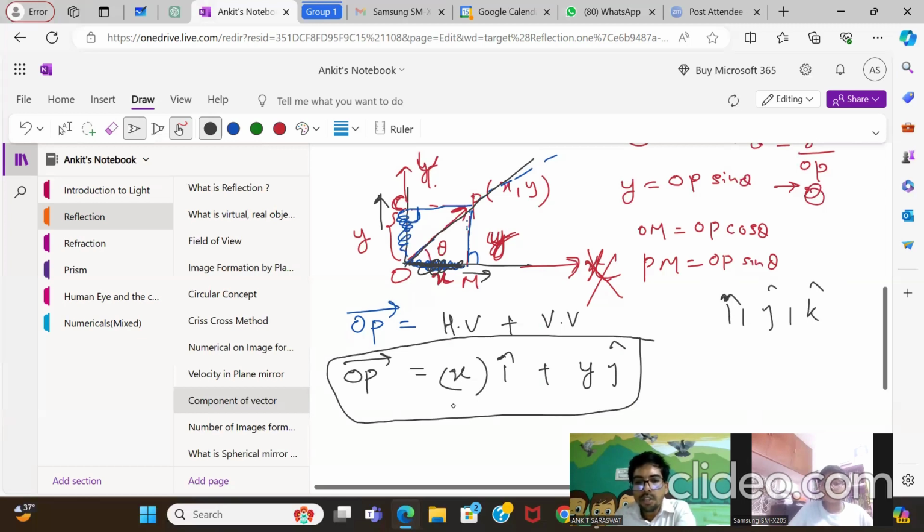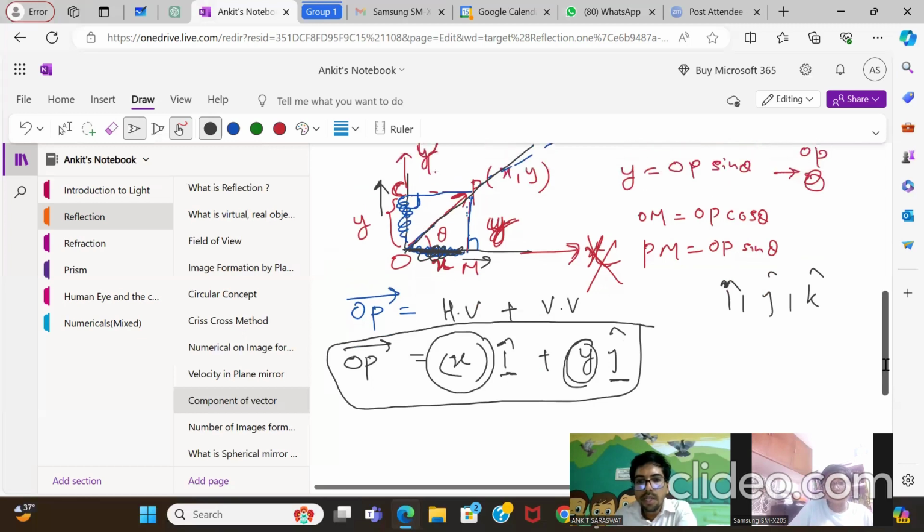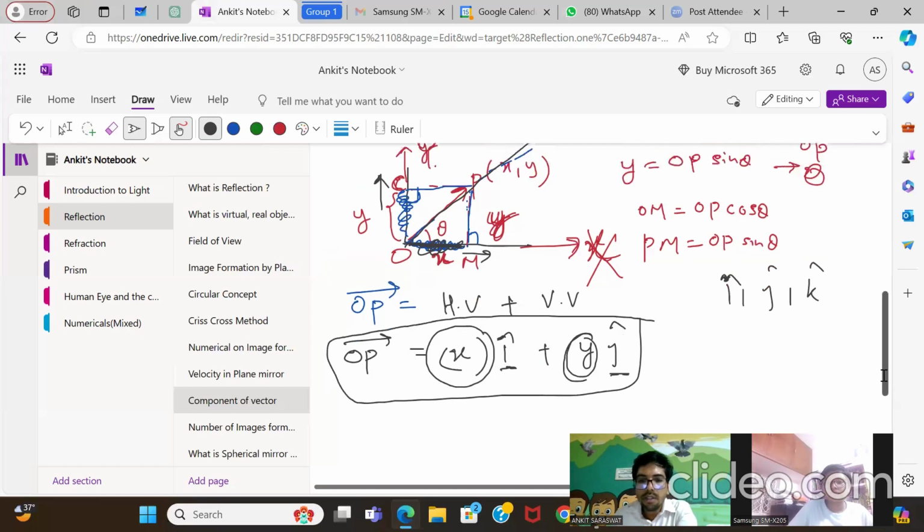For example, this shadow has magnitude x on the x-axis, and it moves along the x-axis, so i means x-axis. On the y-axis it has magnitude y and moves along j. So this is the way you should write any position vector.